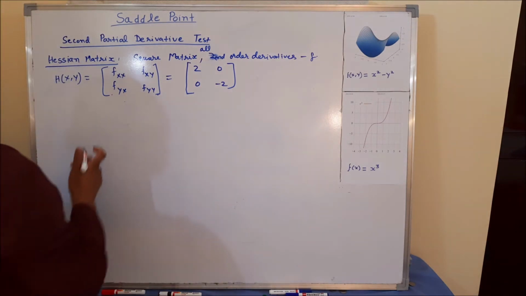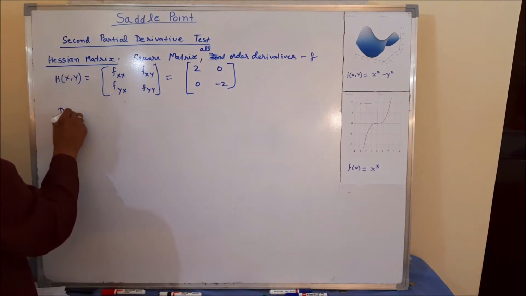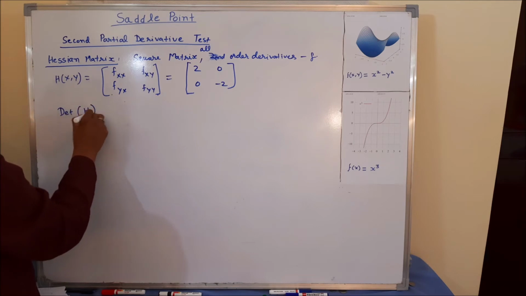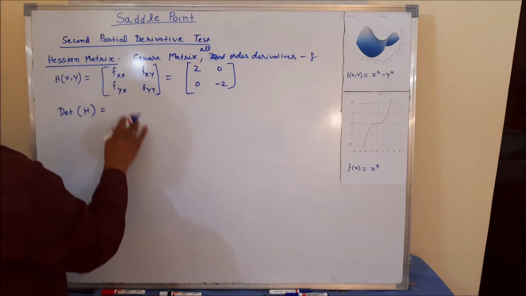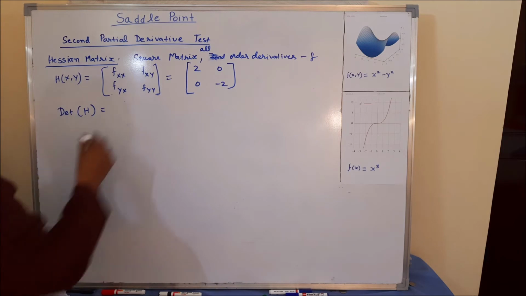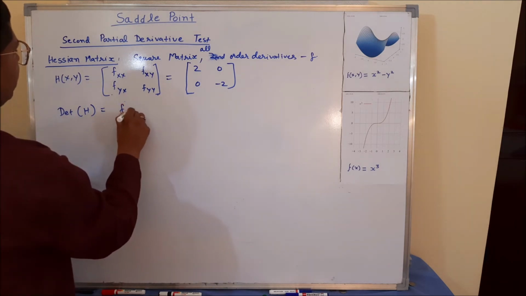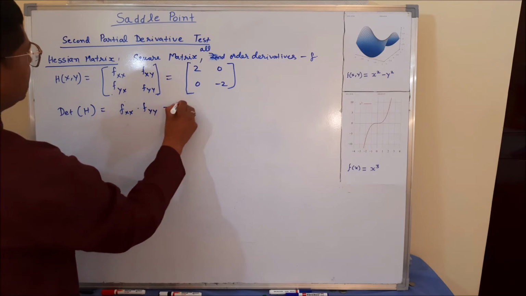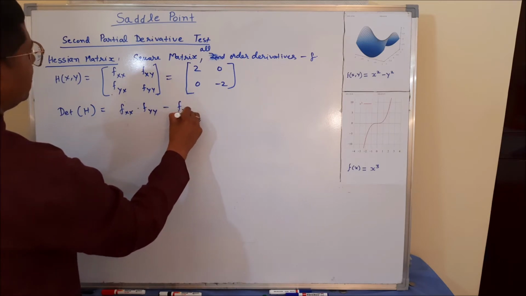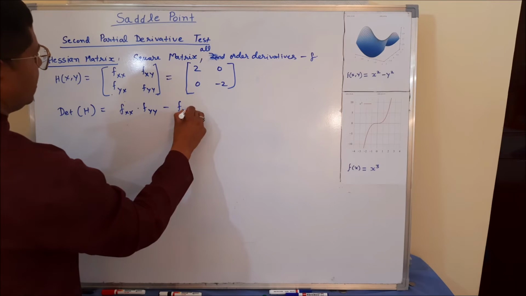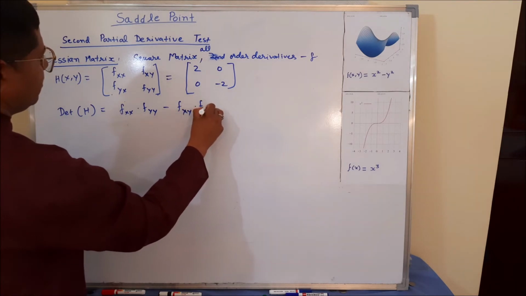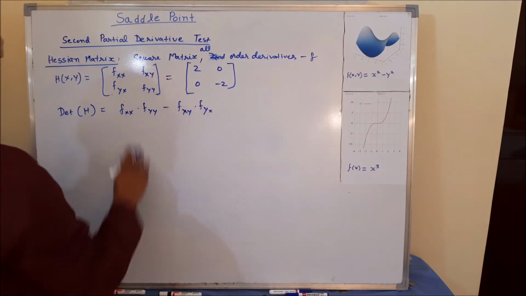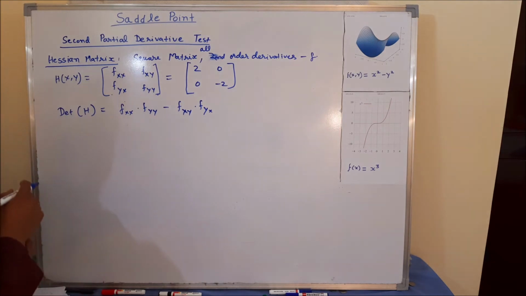Now the next step is to compute the determinant of the Hessian matrix. The determinant of this second order Hessian matrix will be equal to just fxx into fyy minus fxy into fyx. So this is the computation scheme.